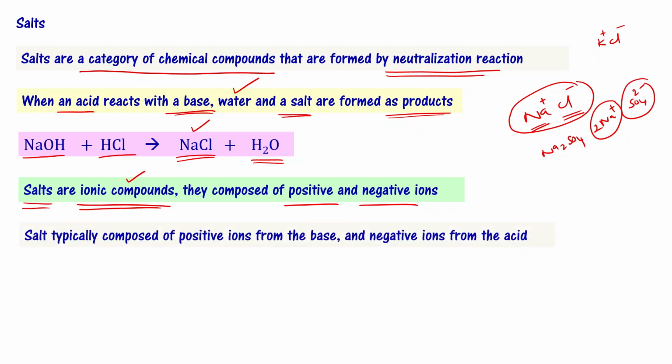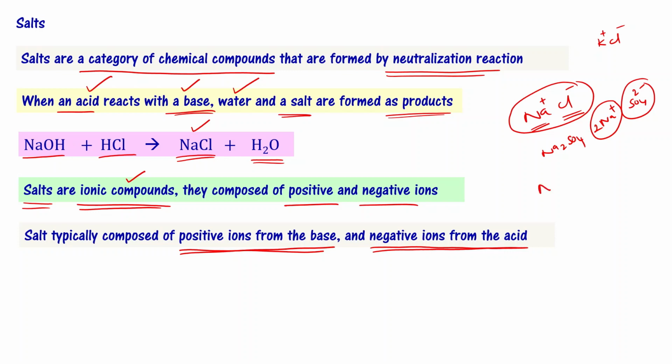Salts typically composed of positive ions from the base and negative ions from the acid. Please note this. We said that salts are formed when acid reacts with base, right? So the salt is typically going to compose of positive ions from base and negative ions from the acid.